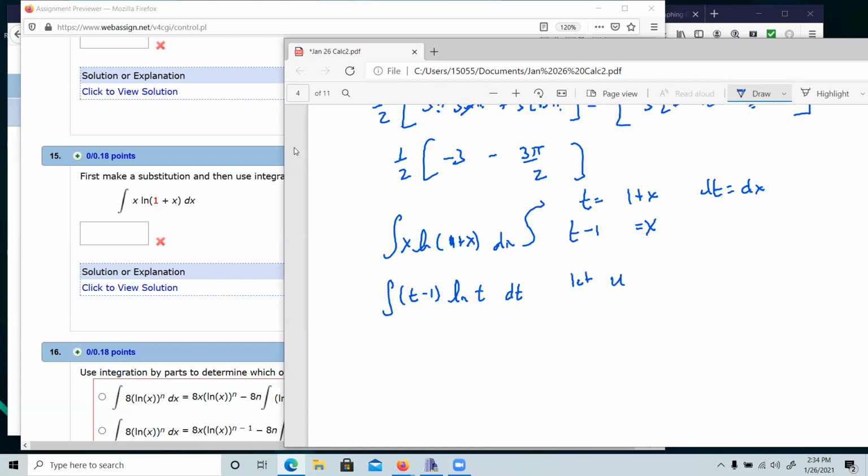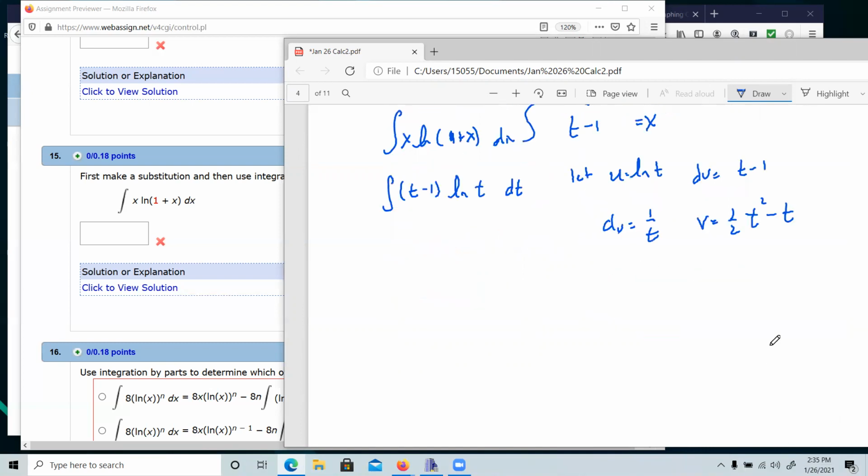Now when I pull my u and my v, derivative of ln t, du is 1 over t, dv is t minus 1, and then we got to integrate this. So v is 1/2 t squared minus t.